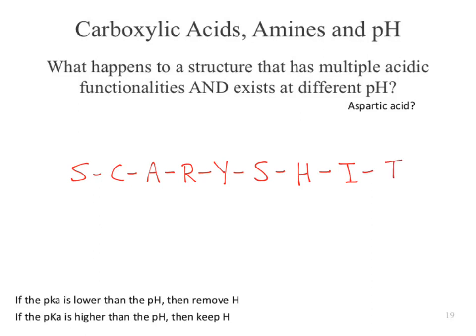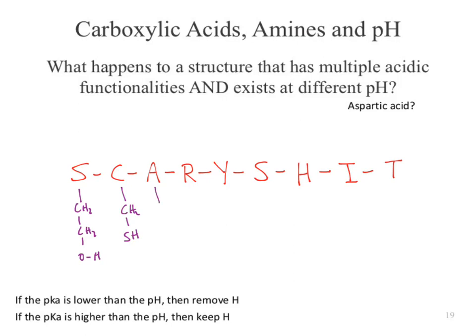What you could be asked is, what is the charge on this molecule at pH 4? To evaluate that, you would have to know the structure for serine. Is it 2 carbons, or just 1 carbon? 2 carbon. You would have to know cysteine, it's the sulfur one, right?